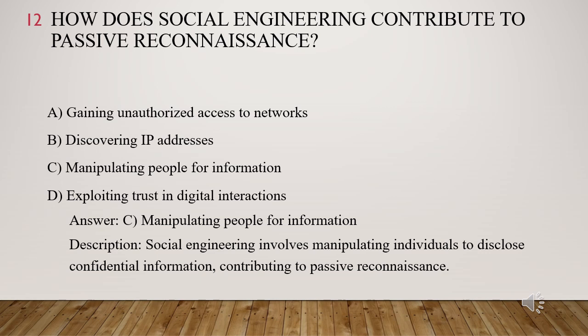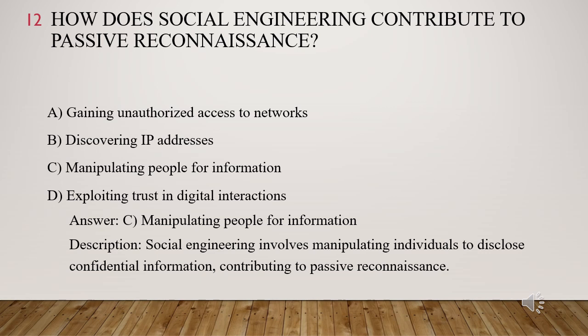While manipulating people might sometimes reveal IP addresses, for example, asking an employee for internal network details, discovering them isn't the primary focus of social engineering in passive reconnaissance. Exploiting trust in digital interactions. This broader concept describes how social engineering works, but it doesn't pinpoint the specific aspect relevant to passive reconnaissance, which is information gathering through manipulation.